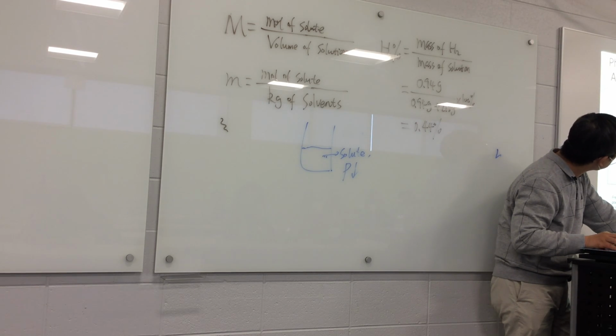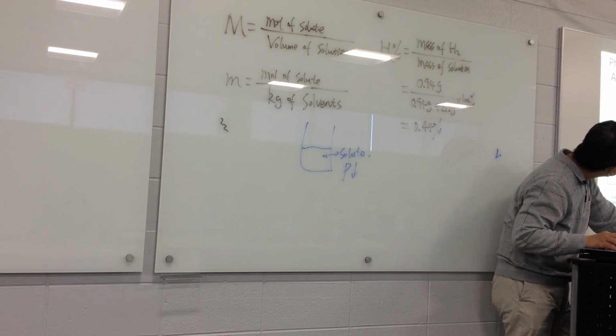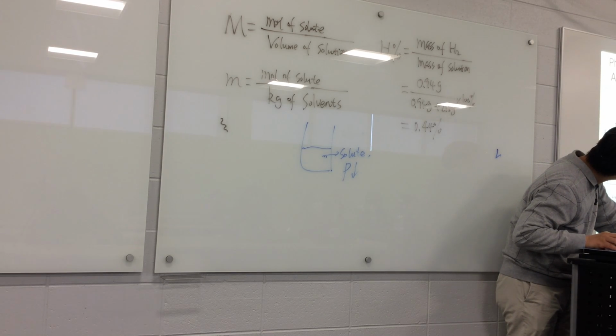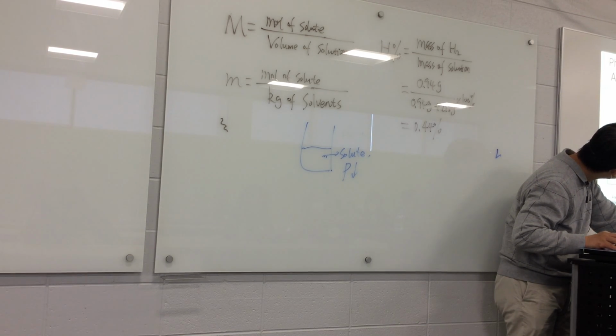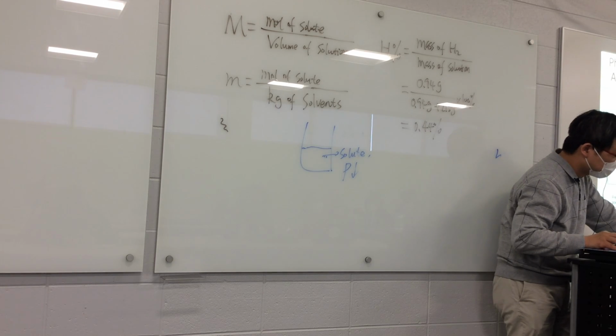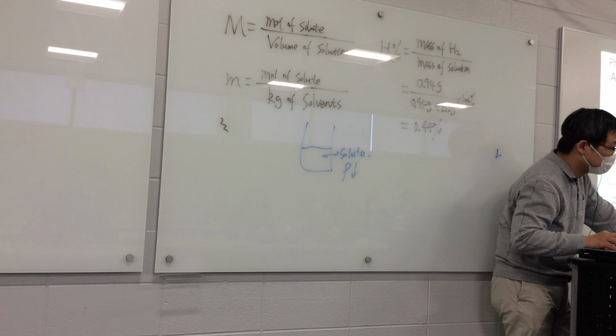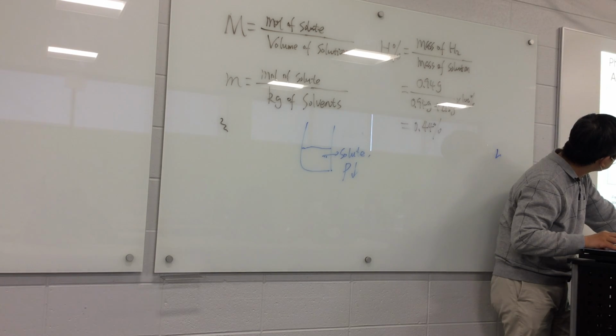Okay, let me see. Water is here, and 1 atm is here, right? And then you see this curve can keep going.